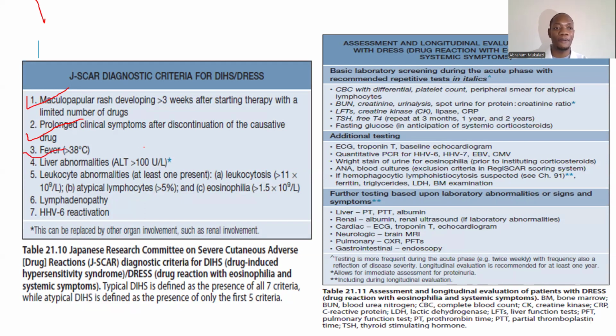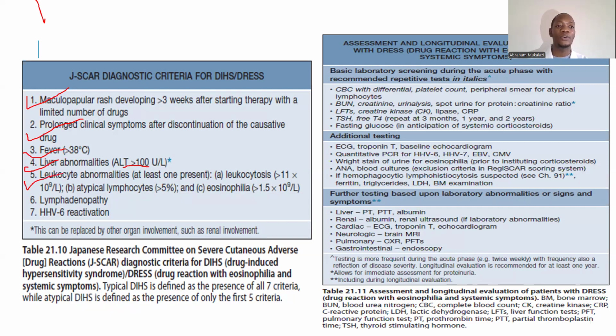So if someone has a fever, then that is a plus for them. Then you have liver abnormalities. We said that with systemic symptoms, you also have involvement of the internal organs, especially the liver. So if the liver is involved, and you have elevated ALT of above 100, then that's also another plus.